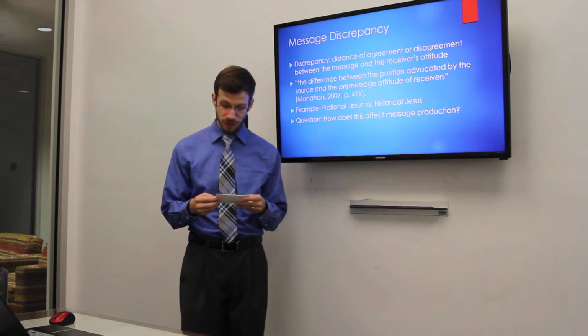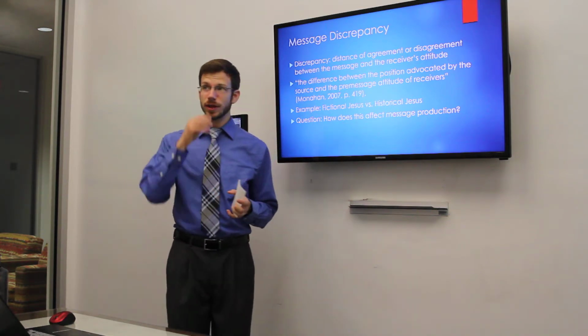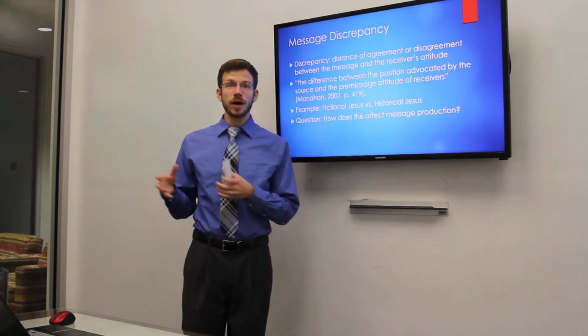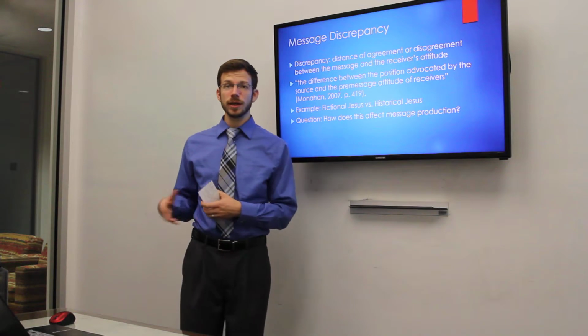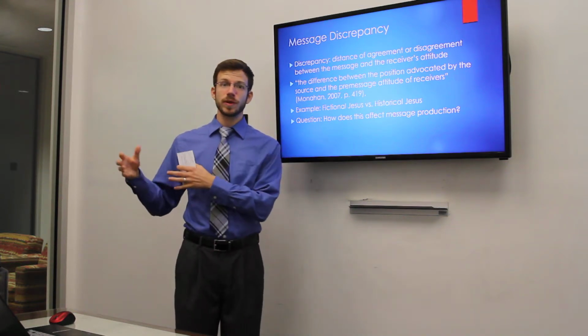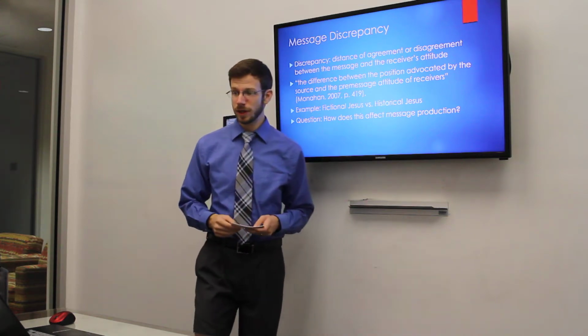And so there was a study done by Clark and Wegner in 2009 that actually found that despite message discrepancy, other factors are involved too, like source credibility and the relationship between the source and the receiver.